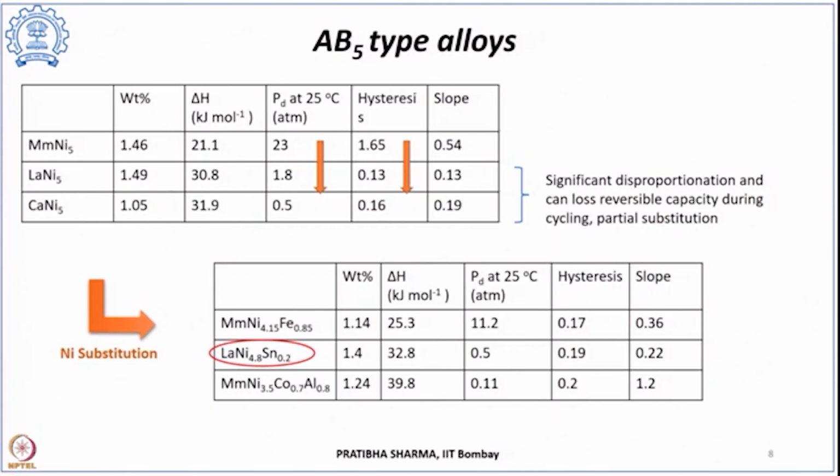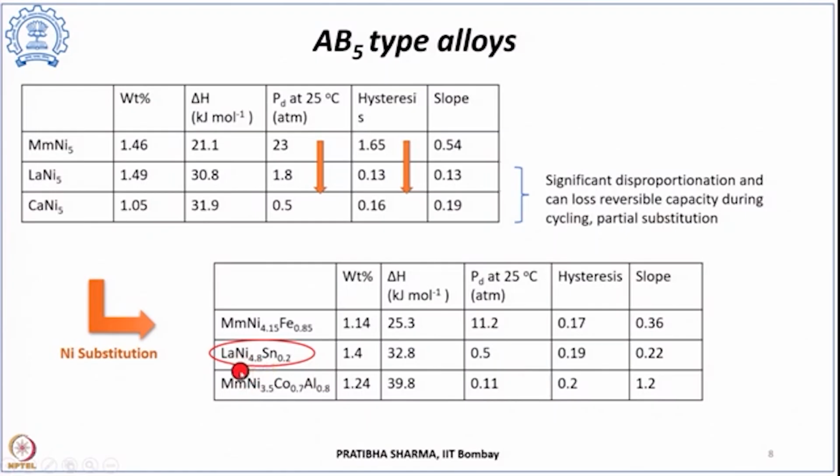Because of that repeated cycling it is possible that significant disproportionation can result in compounds like LaNi5 and CaNi5, and that disproportionation can cause property changes and can lead to loss in the reversible capacity during cycling, and that could be taken care of by partial substitution onto the nickel side. So, a typical example of this partial substitution reducing disproportionation is substitution by means of tin.